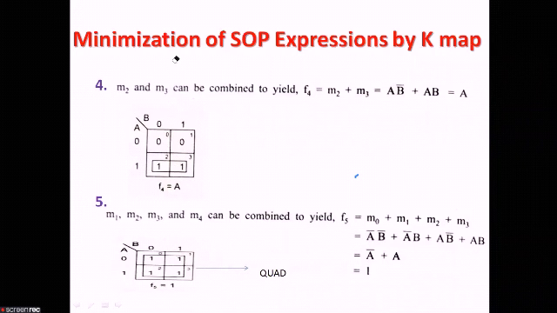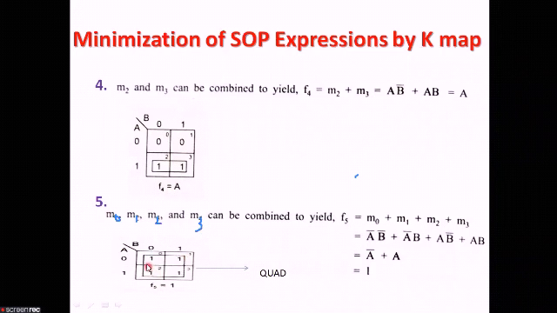Just see here, this one will be min term 0, this one min term 1, min term 2 and min term 3. So we can see that 4 of the min terms are present, that is min term 0, 1, 2 and 3.